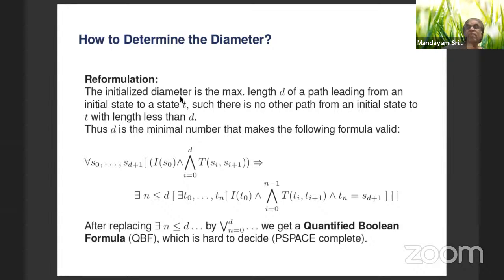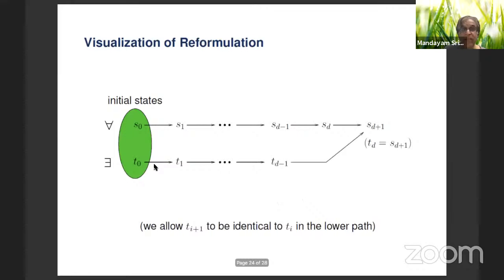That is, it is the maximal length of all the distances for all the states reachable from the initial states. So for every state that is reachable from one of the initial states in distance d, there will be nothing that is even shorter than that.